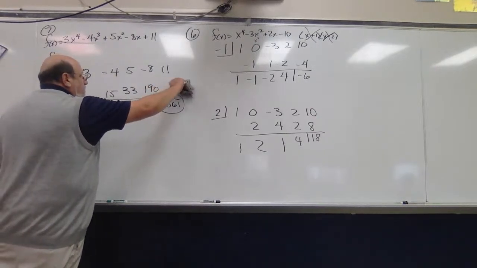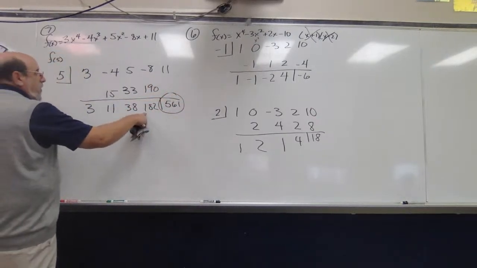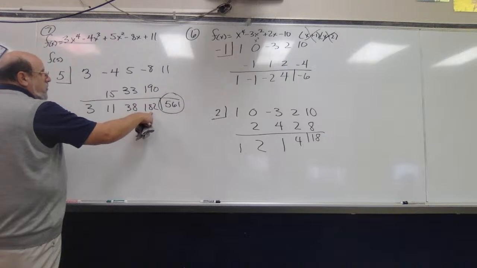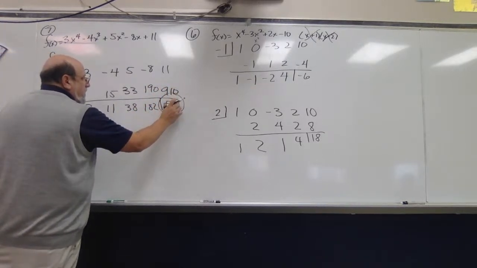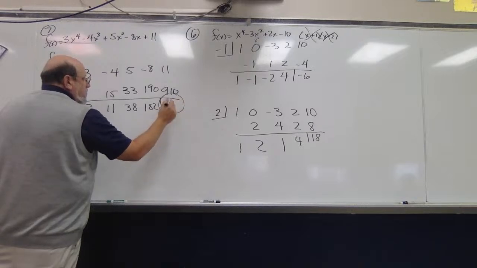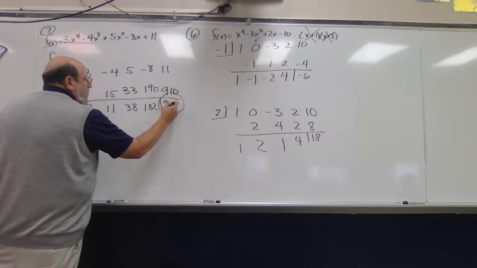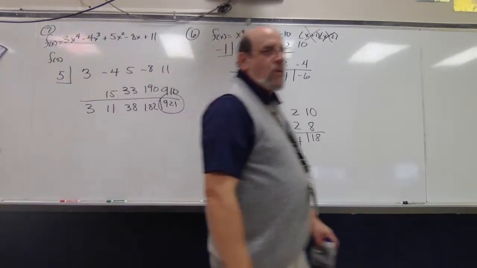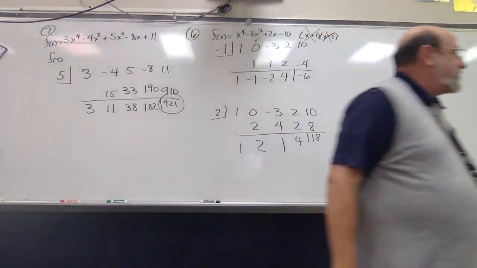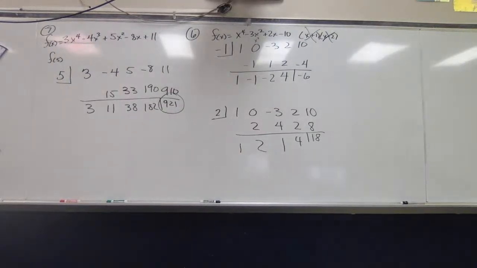That's what I got. What did I do wrong? 500, oh, plus 400, plus 10. Thank you for the help there. I'm brain dead. 921. First, adding. I made a mistake.